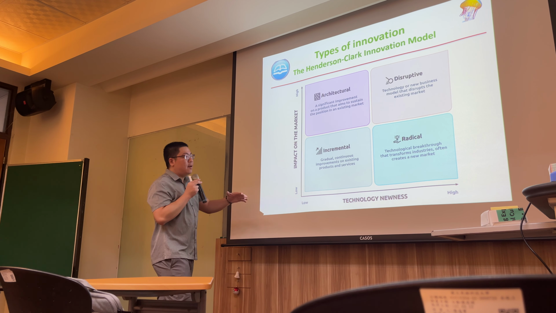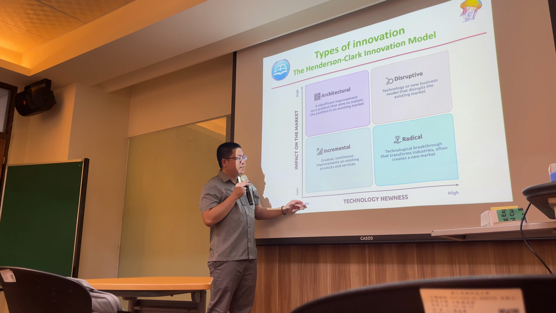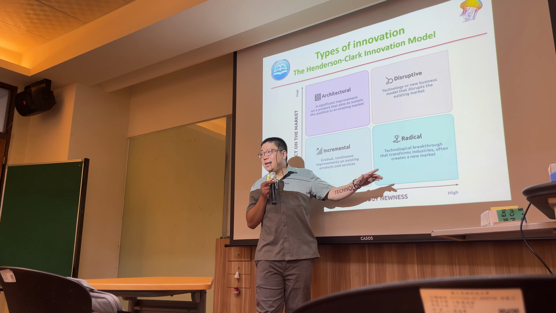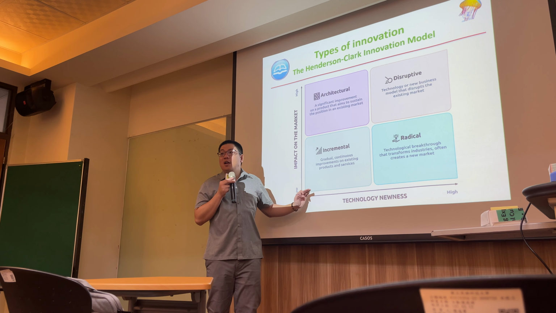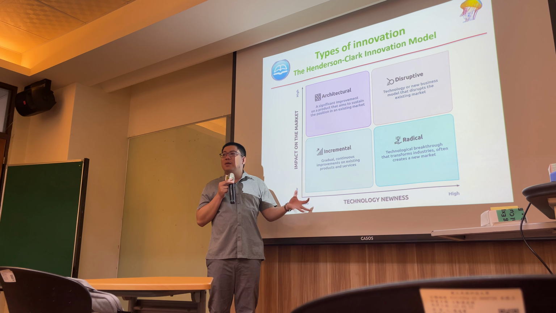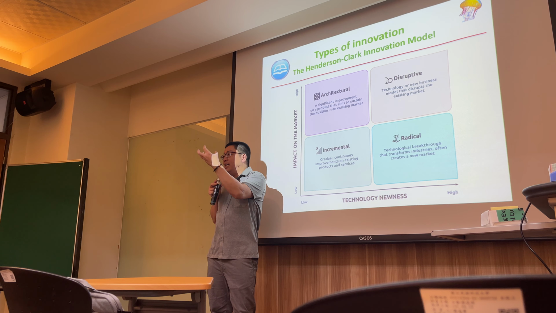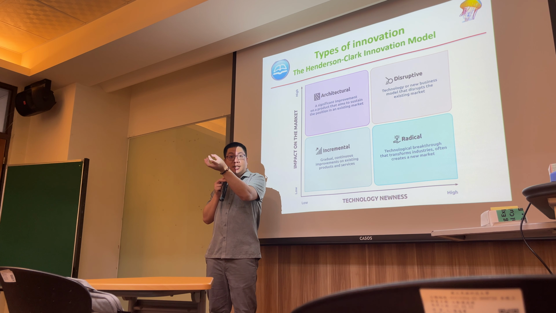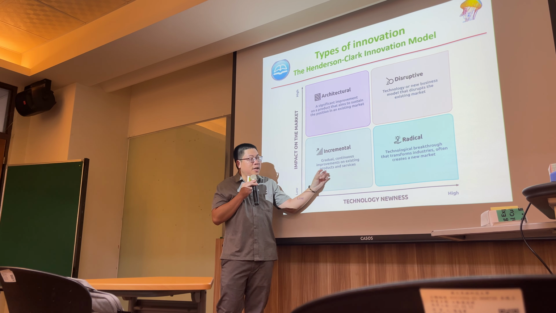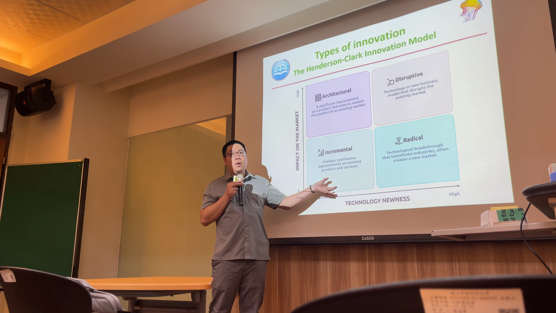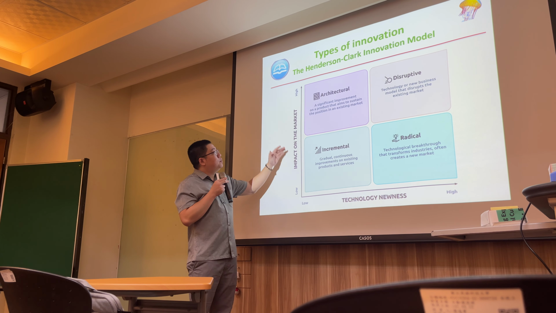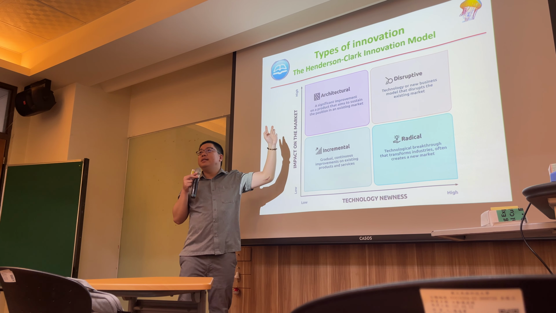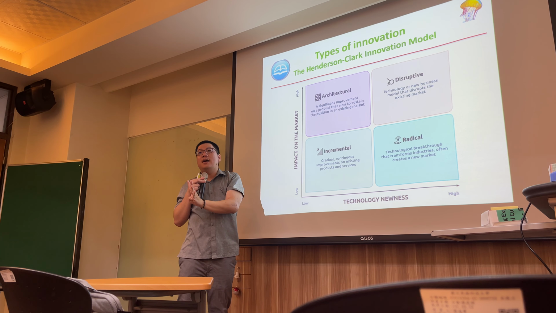The horizontal dimension is technology newness, low or high, and the vertical dimension is the impact on the market, low or high. So based on this matrix, we have 4 types of innovation.